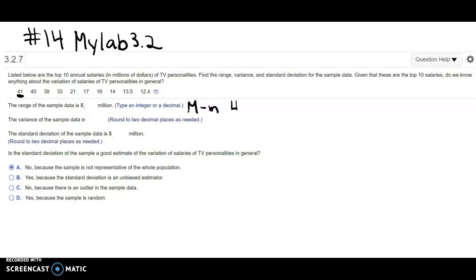I'm going to subtract the minimum number that I see, which looks like 12.4. So 41 minus 12.4 will give me the range, and we get a range of 28.6.